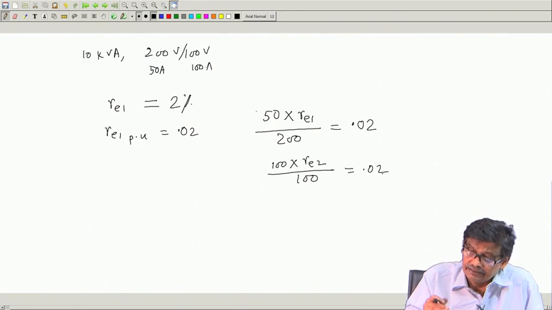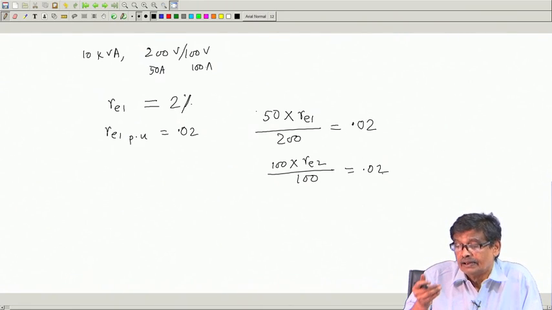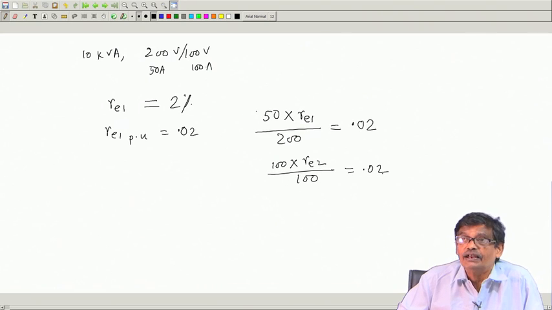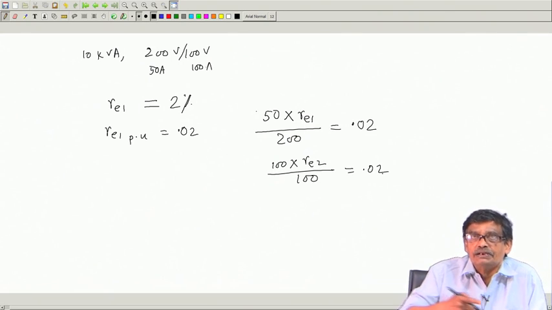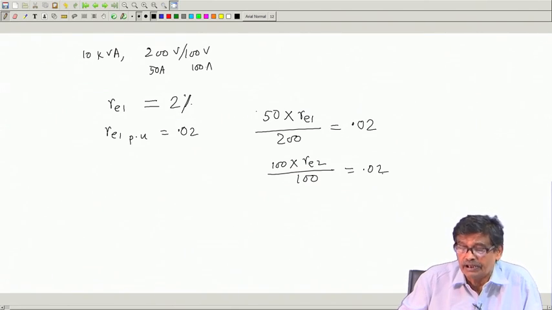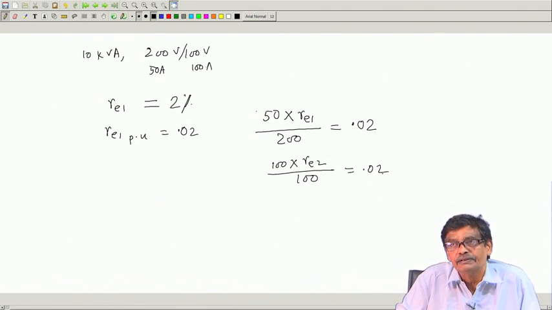Therefore, knowing the rated currents and the equivalent per unit values, per unit values will never be specified in terms of primary or secondary, because from whichever side you calculate, that value will remain the same.